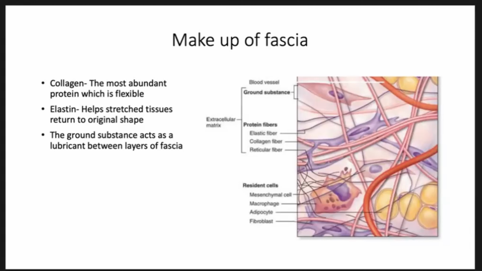But also, there's other understanding that the ground substance in the fascia also helps to provide nutrients, because remember, everything in our body is alive. So everything has to maintain its so-called homeostasis or the correct balance.